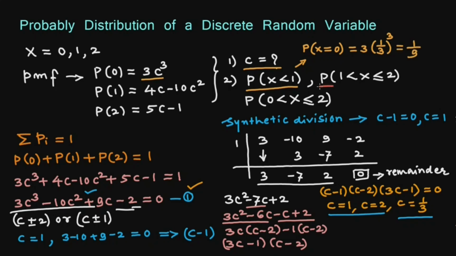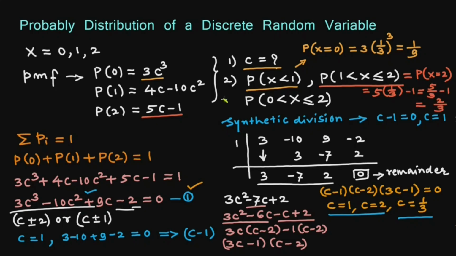Now this p of 1 less than x less than or equal to 2 will be p of x equals 2, which will be nothing but this 5c minus 1, that will be 5 into 1 by 3 minus 1, 5 by 3 minus 1, which will be 2 by 3.